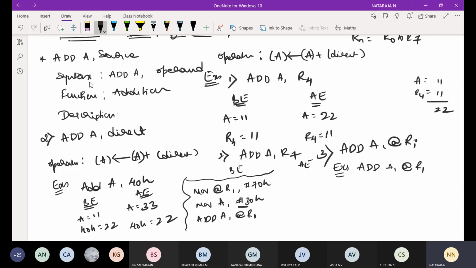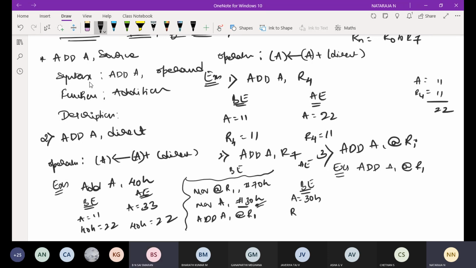This is an address location with respect to R1. In that address location, you can assume some data. Before execution, the accumulator is equal to 30h.